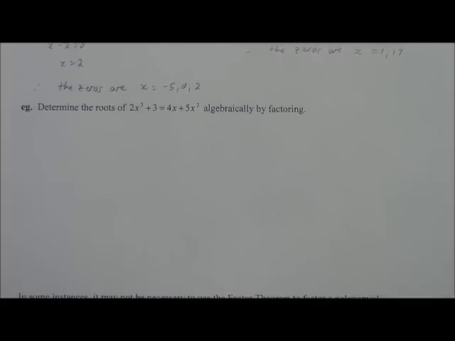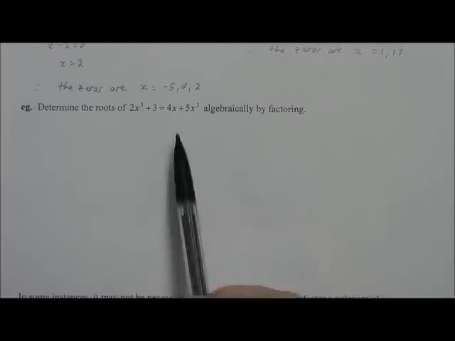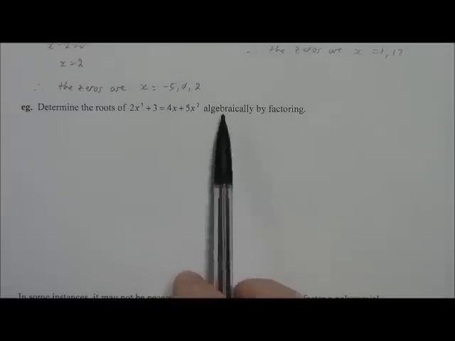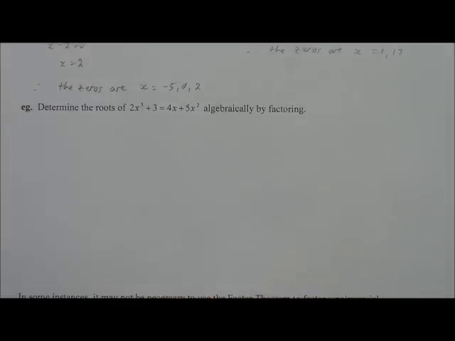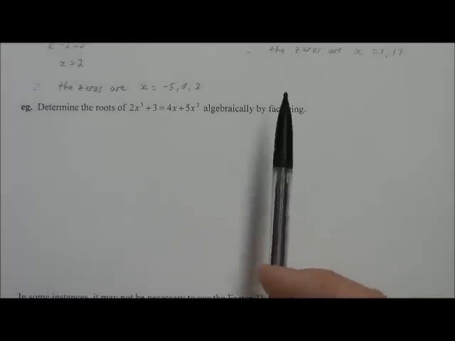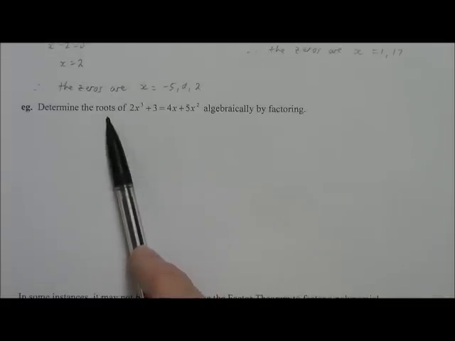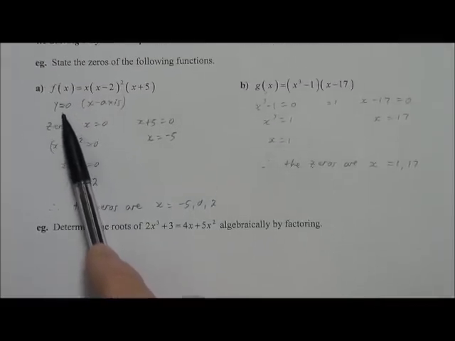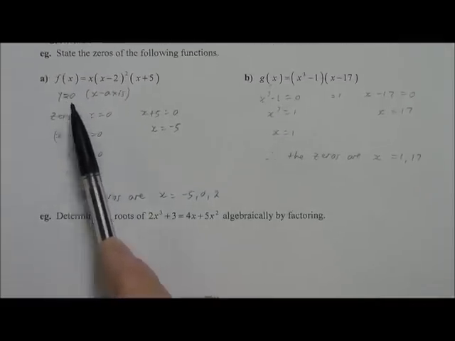Now we go to determining the roots of this equation algebraically by factoring. First thing we want to do, because we're trying to find the roots, that means we're trying to find the zeros. We saw in the first example that the zeros occur when y equals 0, because that occurs at the x-axis.